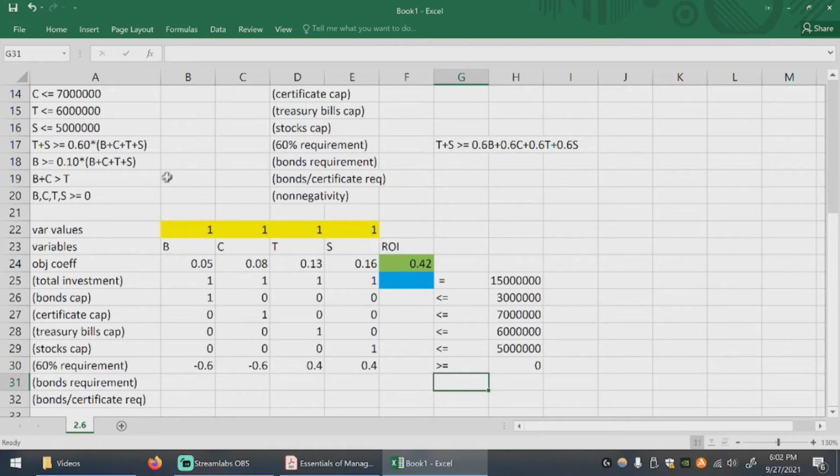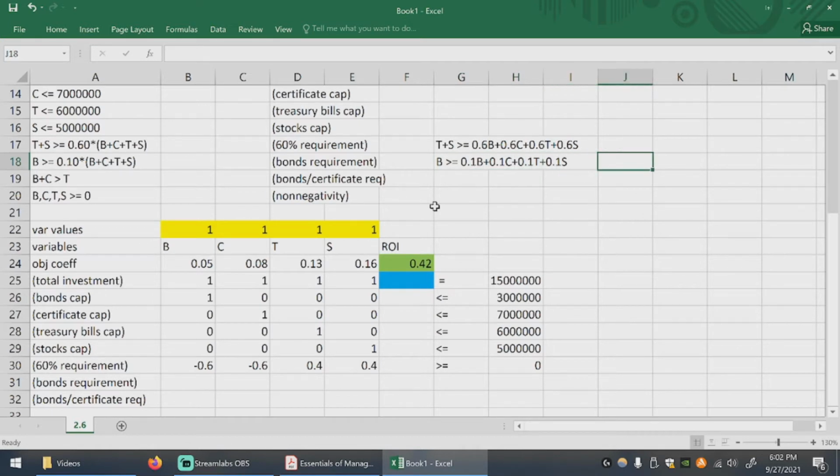All right. Bond requirement. Well, let's clean it up a little, one step at a time, by going B greater than or equal to, multiply the 0.1 in, so I get 0.1B, 0.1C, 0.1T, 0.1S.